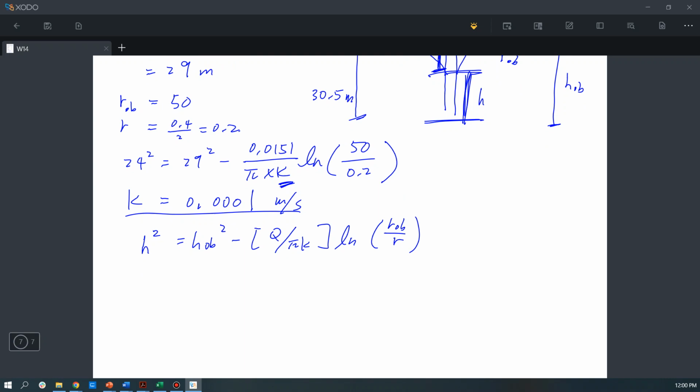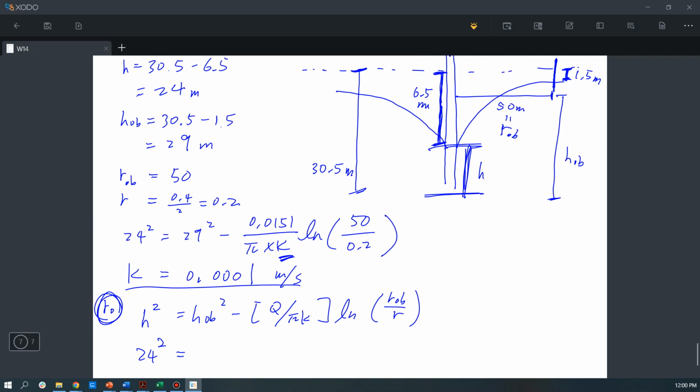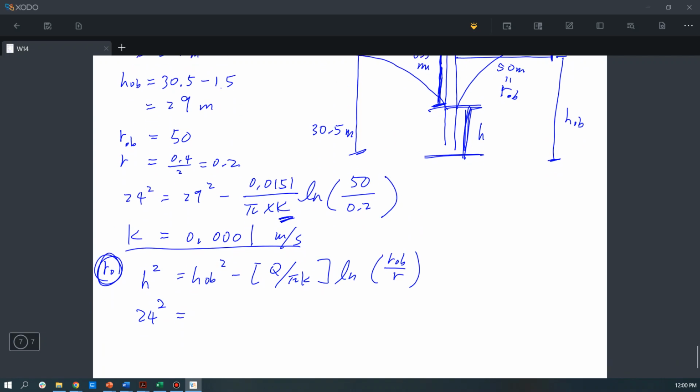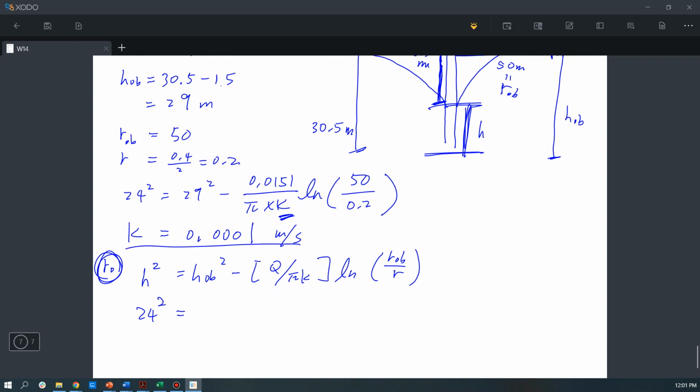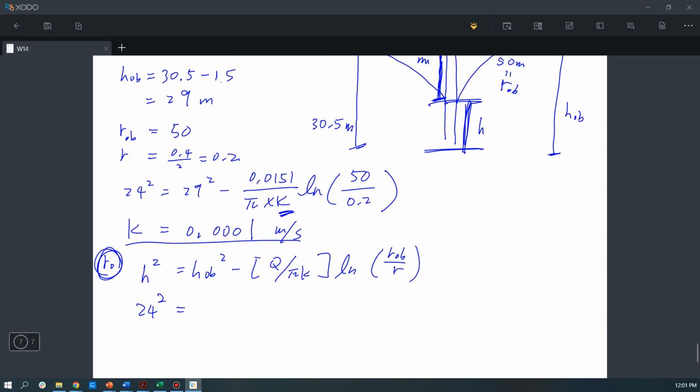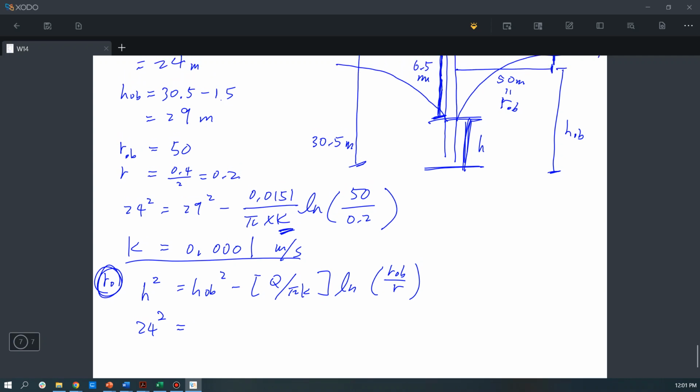And now H will remain the same, but we want to calculate R naught. I mean, we won't have any drawdown if we observe the radius of influence.